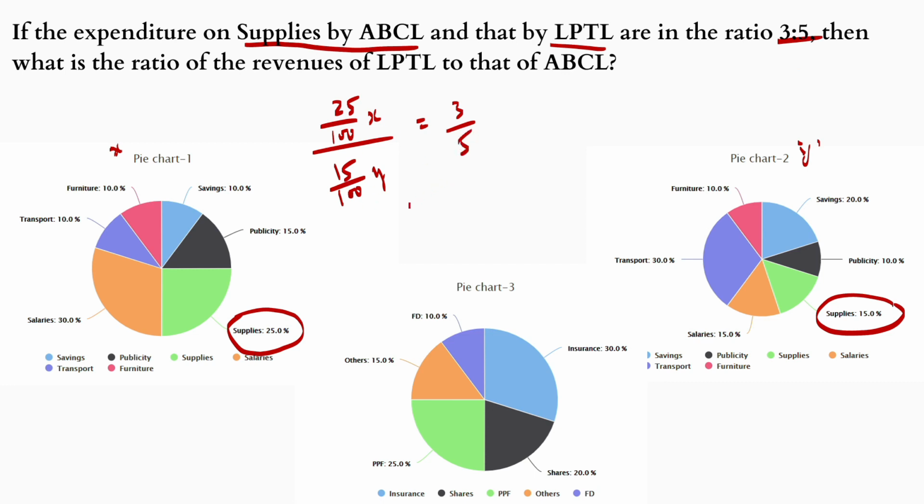So cancel, and the X by Y ratio will be 3 by 5 into 15 by 25. So the ratio of ABCL and LPTL is 9 by 25, but we are asked to find out the revenues of LPTL to that of ABCL. So LPTL by ABCL is 25:9.